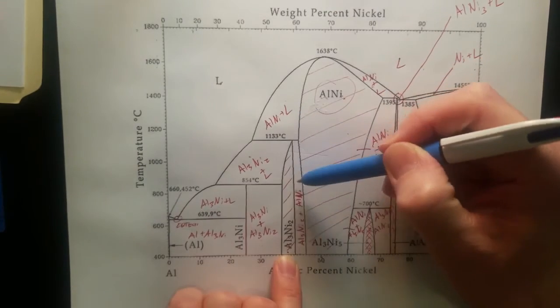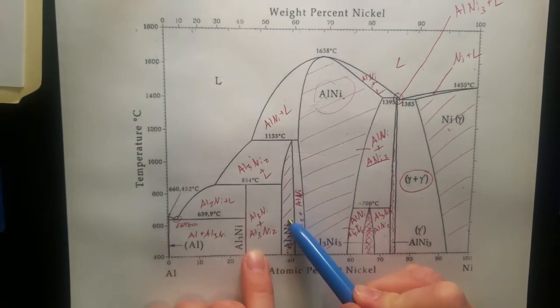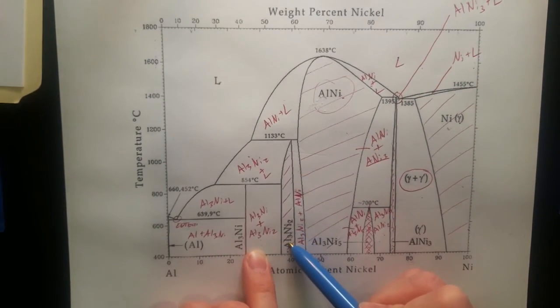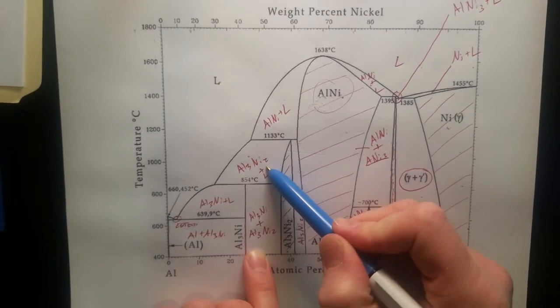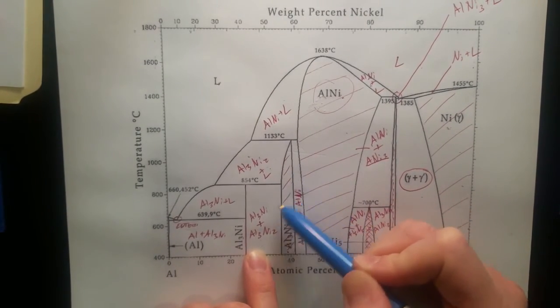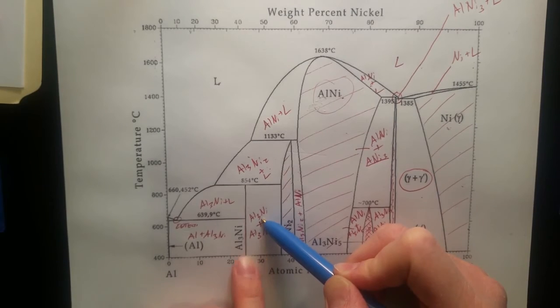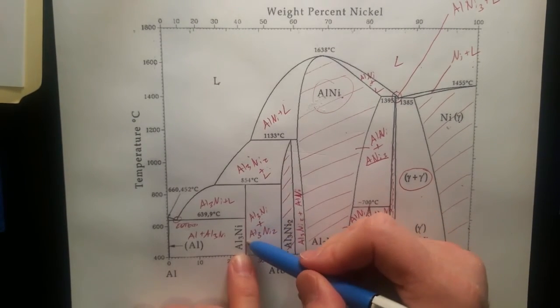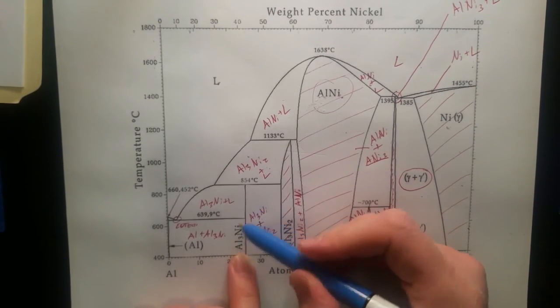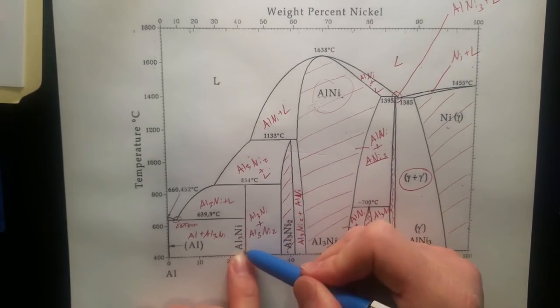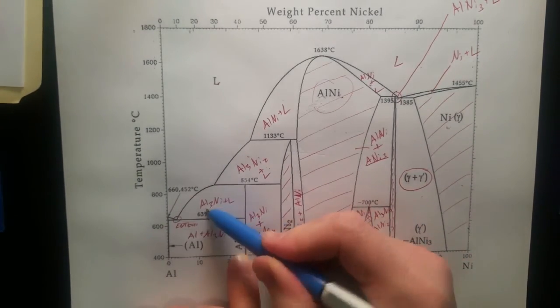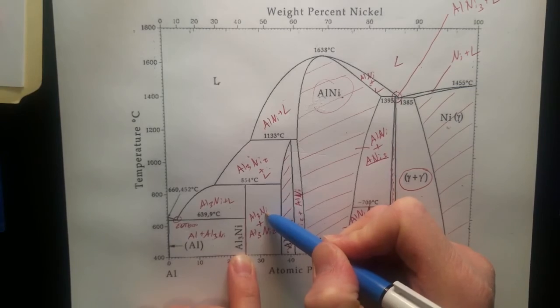So double phase, single phase touches two phase. So Al3Ni2 touches there and touches there. This two phase touches that single phase, which is a line compound. The line compound touches here, here, and here. So Al3Ni, there, and there.